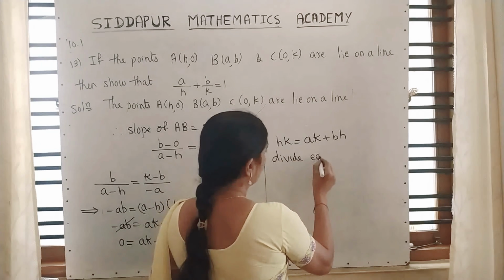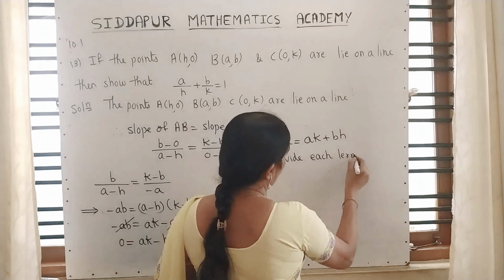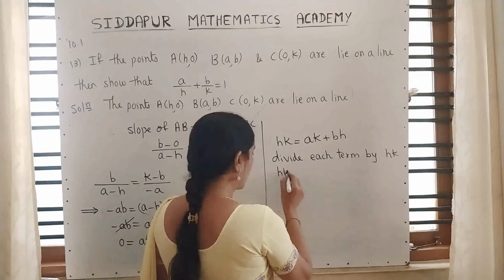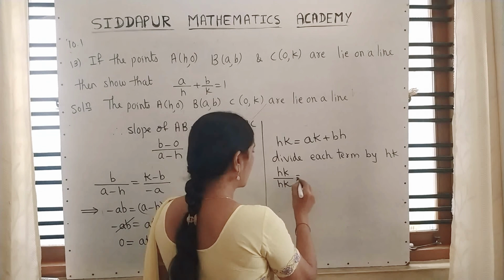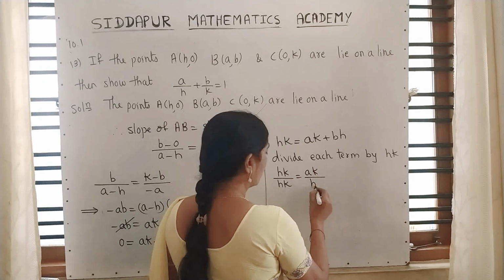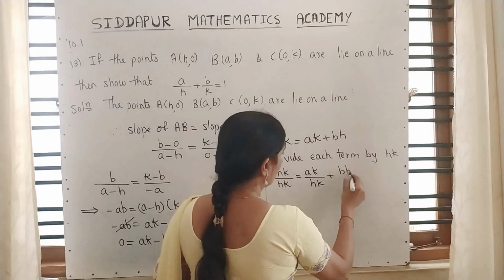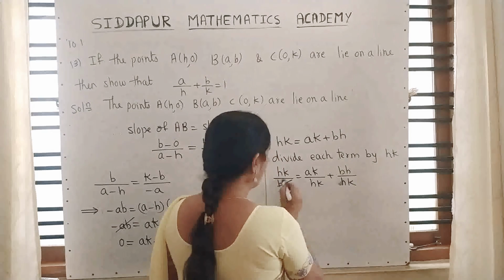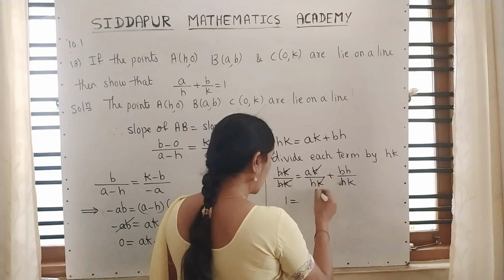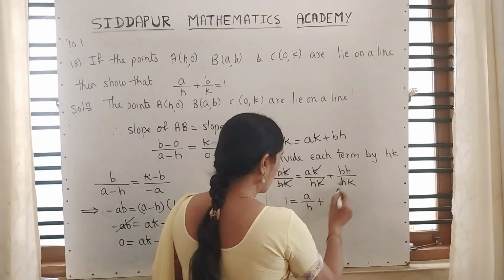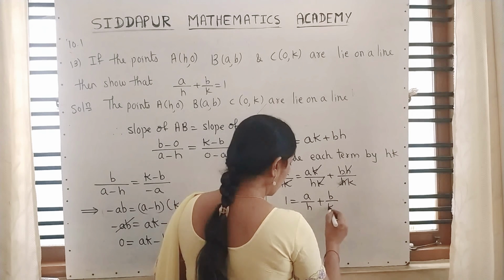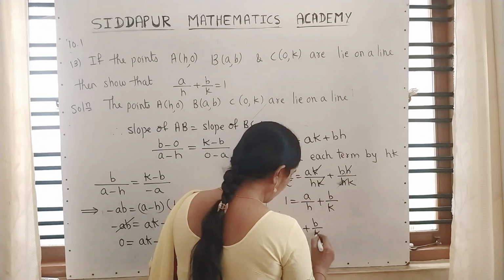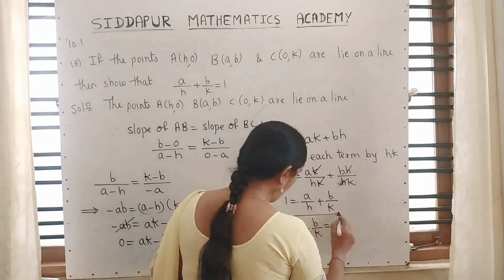Divide each term by h into k to get the required answer. This cancels, so 1. Here k cancels, a by h. Here h cancels, b by k. Therefore, a upon h plus b upon k is equal to 1.